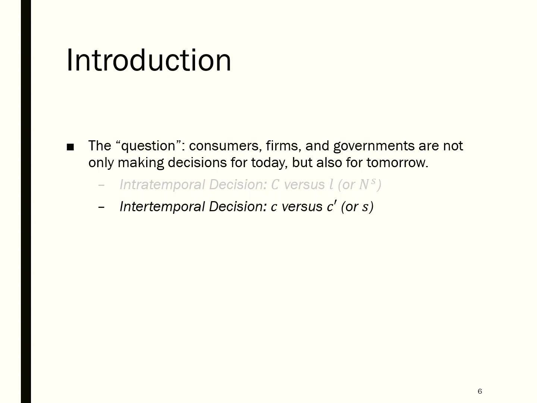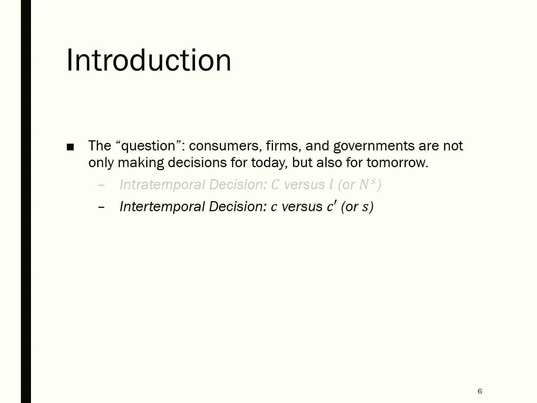The decision linking the two consumptions is savings S. It is mathematically generic to the intratemporal decision, which is a trade-off between today's consumption C and today's leisure L, which is linked by the labor supply N^S.